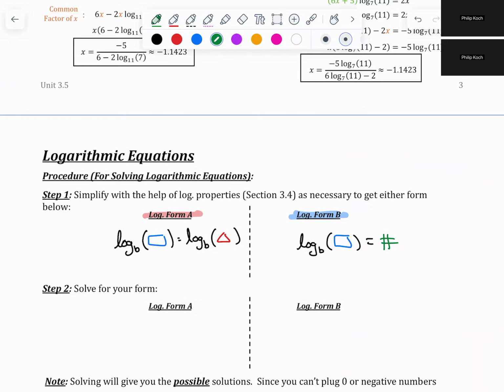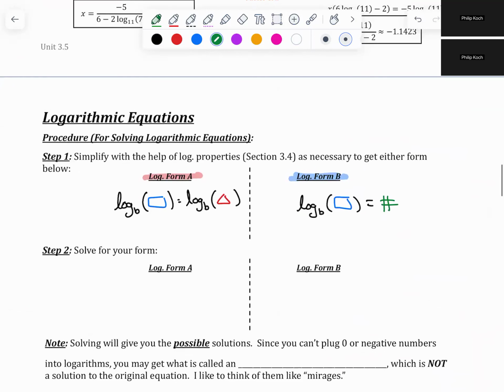All right. So if you're in form A, then by that property, if you have a log of something equals log of something else, then the insides have to be equal. So for log form A, you're going to set the blue box equal to the red triangle and call it good.